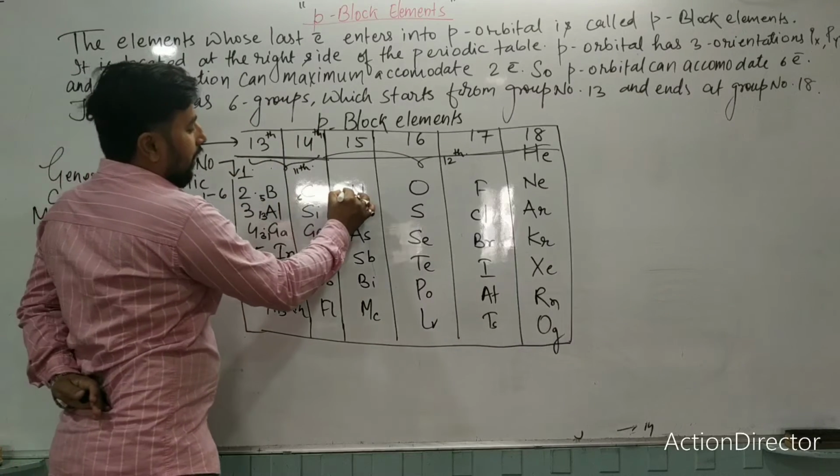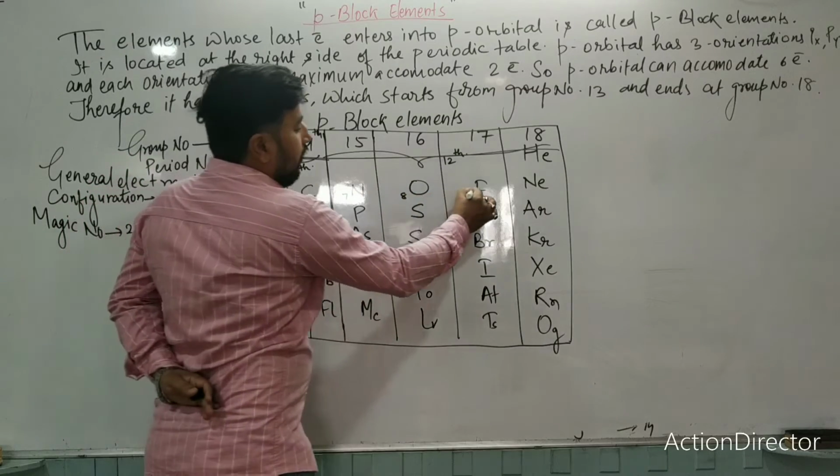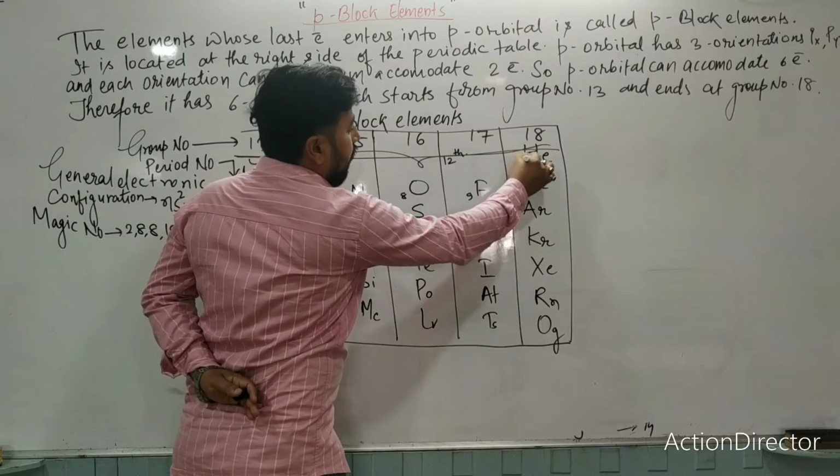Carbon 6, nitrogen 7, oxygen 8, 9, 10, and the atomic number of helium is 2.